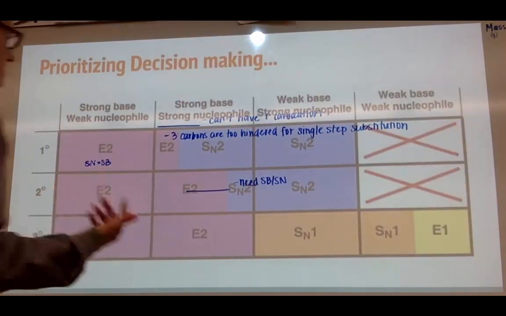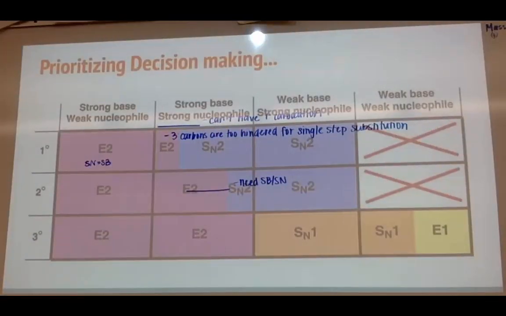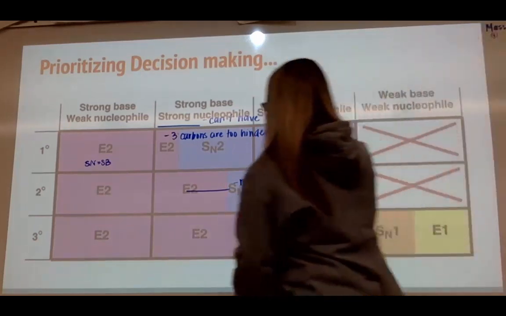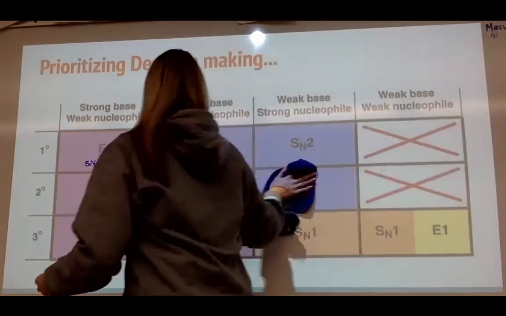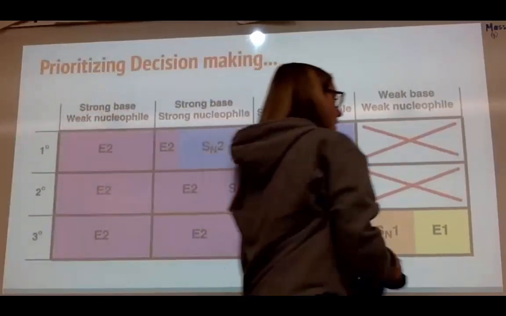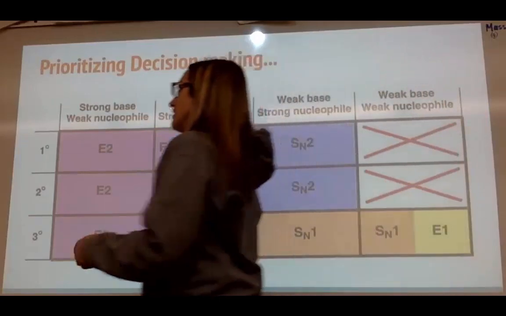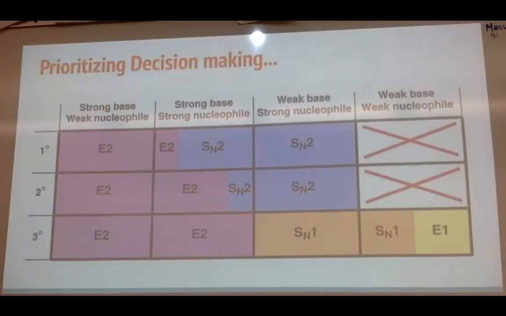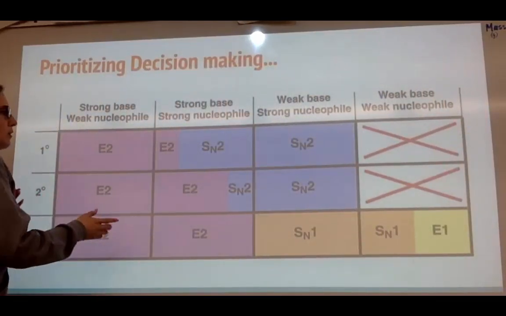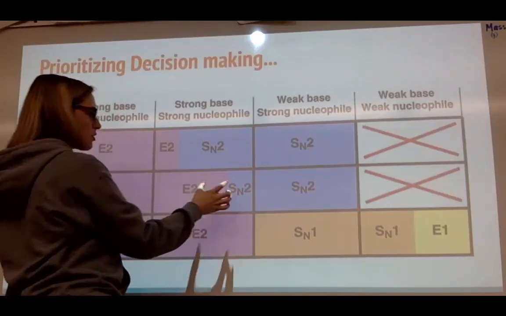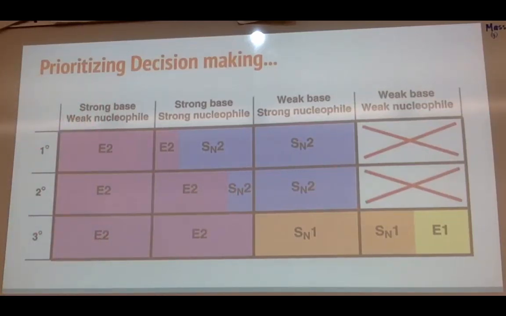You also have this slide. I know there are some people who are more visual. So instead of writing it out step by step like on the last slide, you have this. Now yours is not color-coded. Yours is just black and white and gray. What I want to point out is the difference with some of these that are split. Notice down the side you have the degree of substitution. If it's primary, notice it has to occur via SN2 or E2.